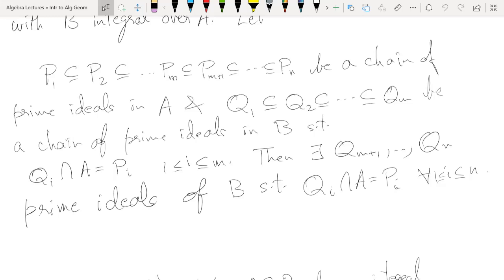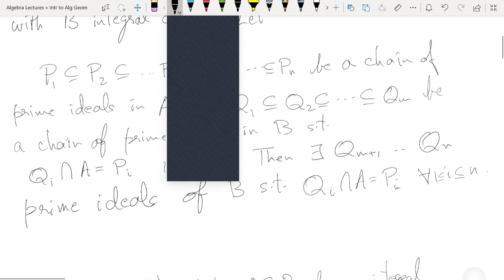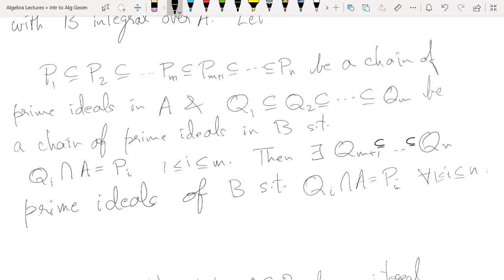And maybe one thing which I probably missed: the containment relation still holds, so Qm+1 is contained in the next one and so on, and everything contains Qm. Okay. So this is what the going up theorem says.